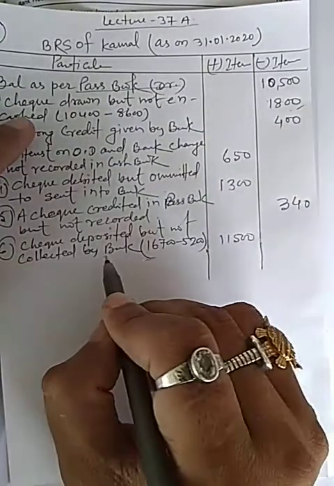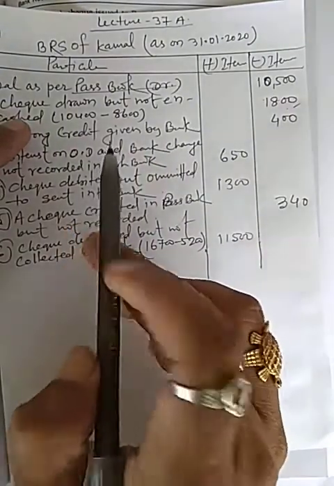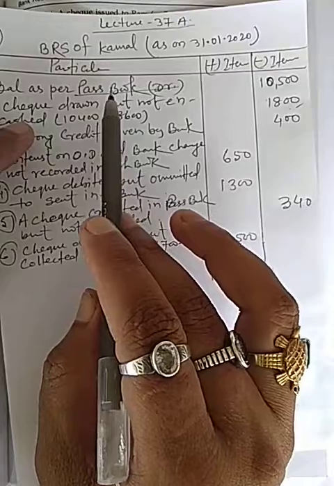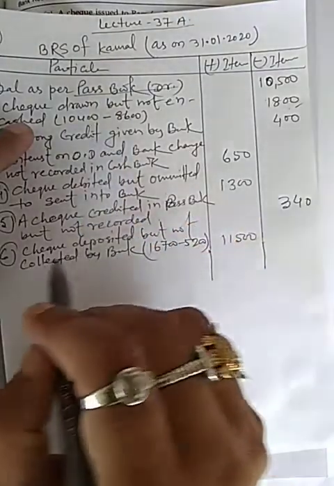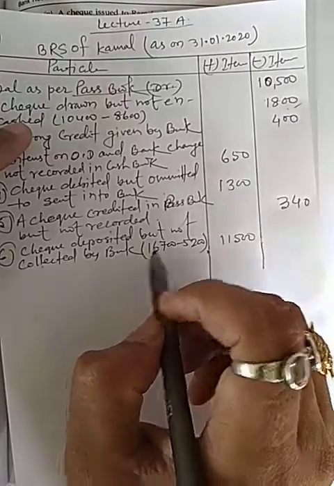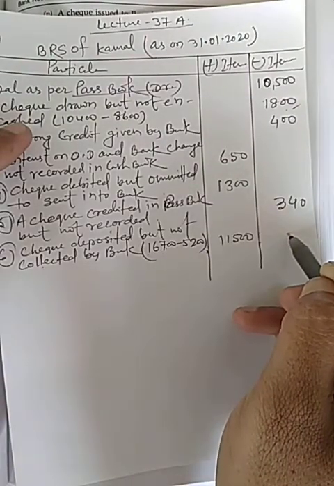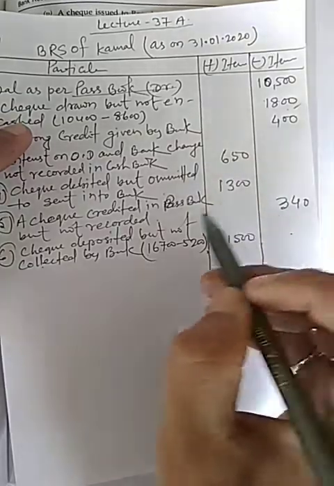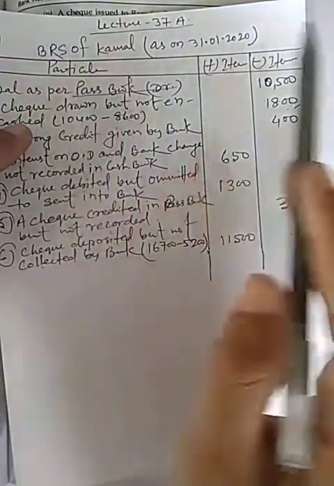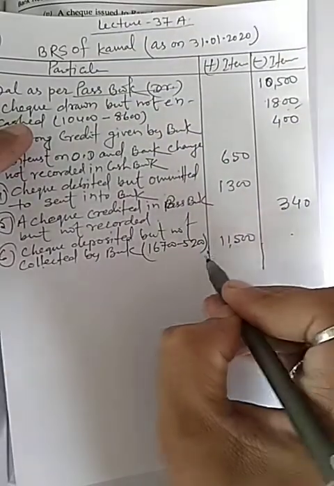We all know, according to cash book balance, check deposited but not collected by bank is showing minus item, but according to passbook it will be just opposite, so it will be in minus item.